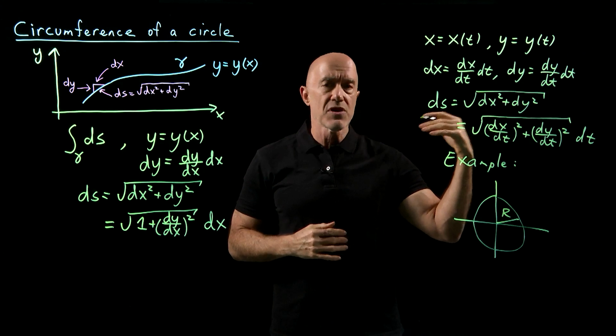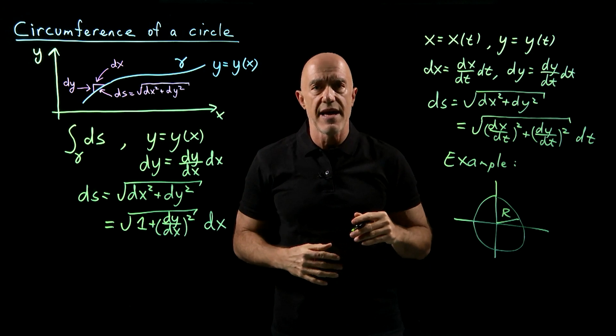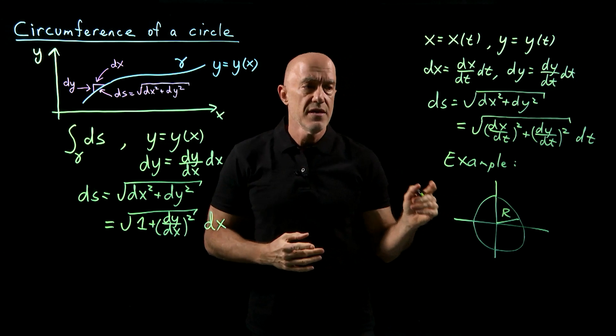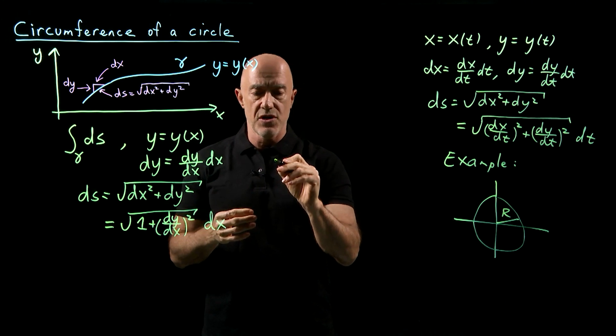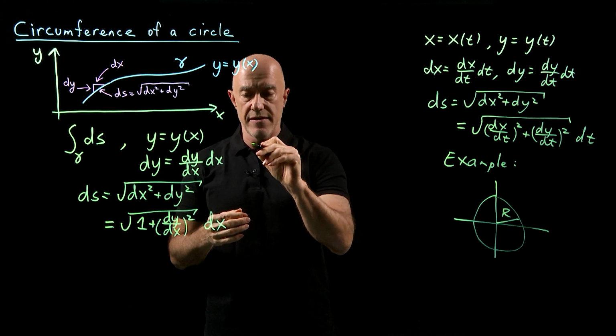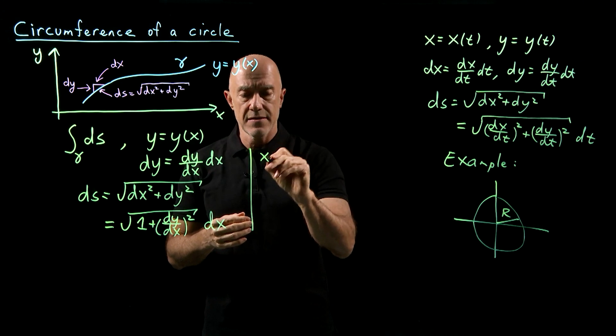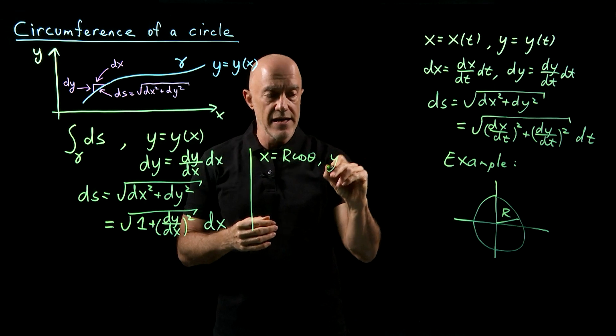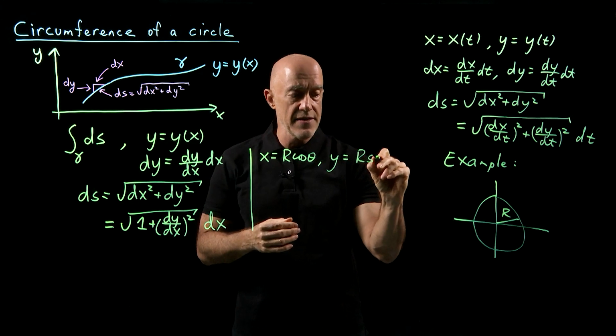And the way I'm going to do it is the easier way, actually, which is by parameterizing the circle. We can write x equals r cosine theta and y equals r sine theta.